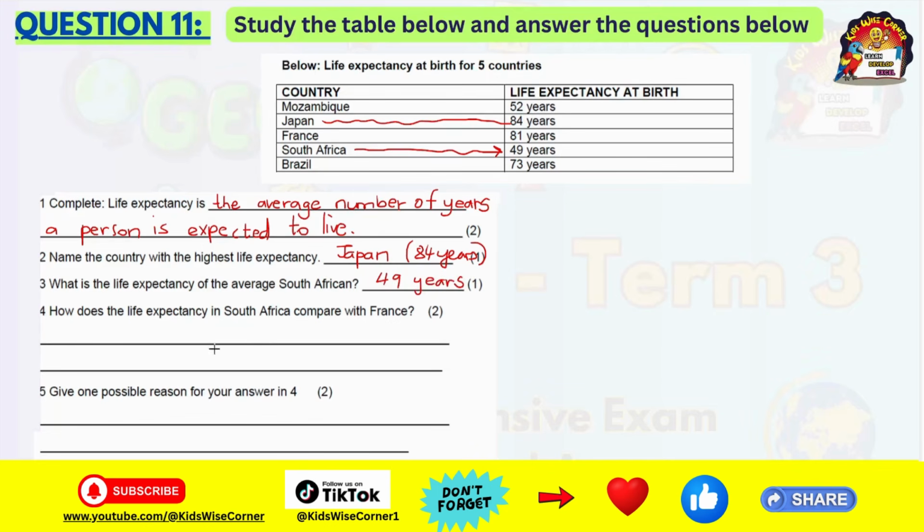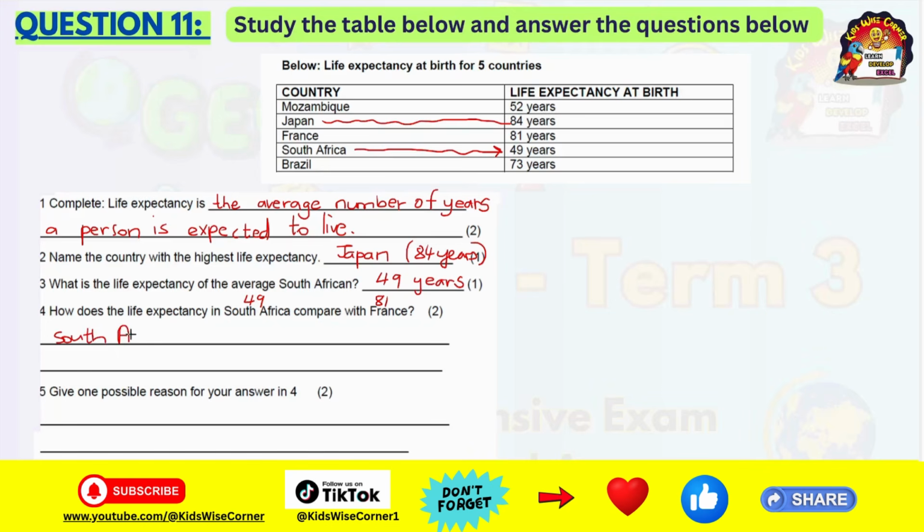How does the life expectancy in South Africa compare with France? So South Africa is 49 years. And France, there's France here, 81 years. So how does the life expectancy in South Africa compare with France? South Africa's life expectancy is much lower than France.